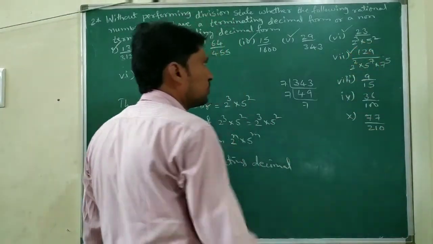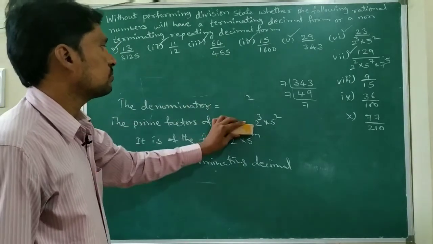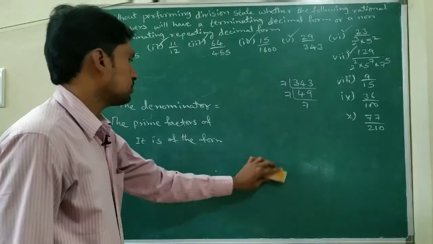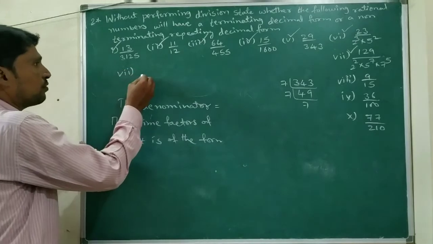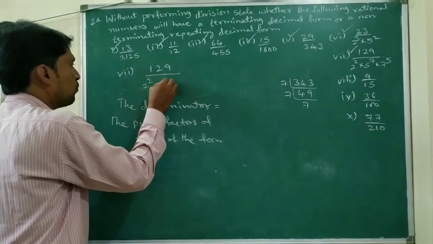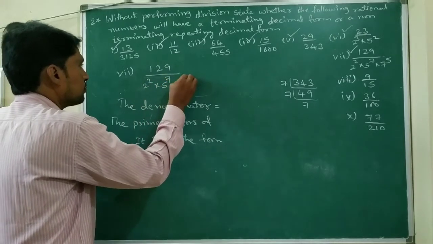Now the 7th one. The 7th one is 129 by 2 square into 5 power 7 into 7 power 5.